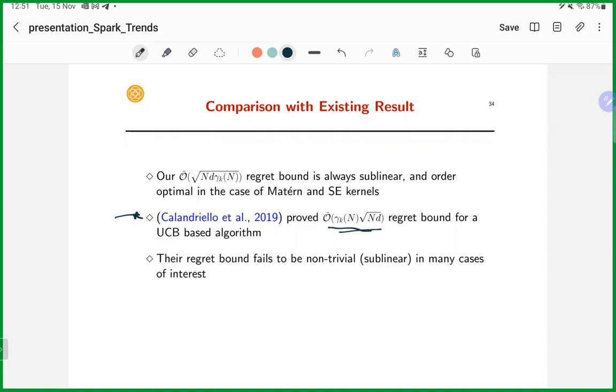And this regret bound fails to be sublinear, or it becomes trivial, in many cases of interest where this gamma k n grows faster than square root n. So basically our algorithm can be seen as the first order optimum regret algorithm with a state-of-the-art computational complexity.